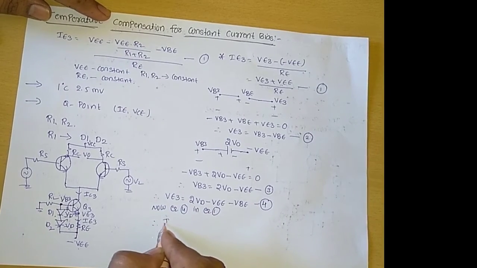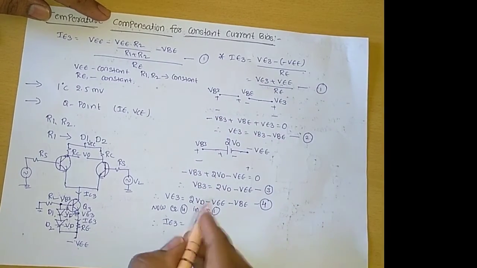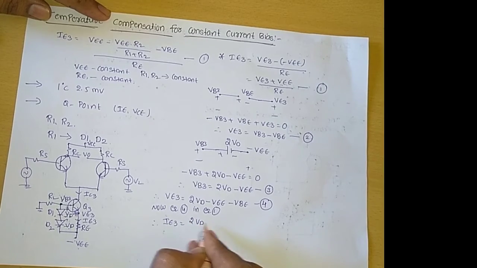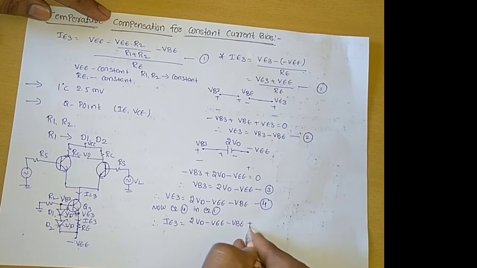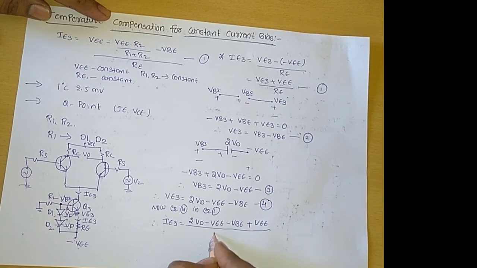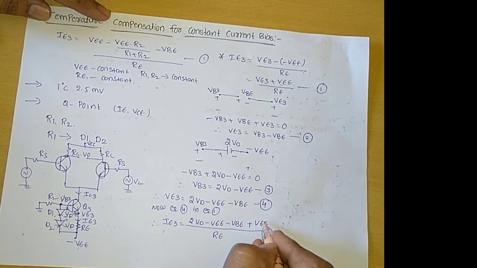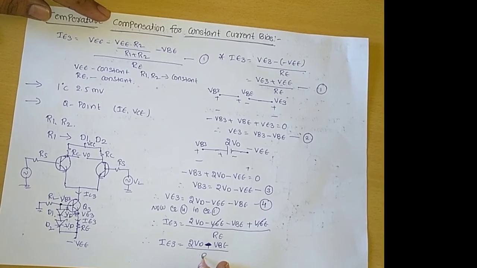Therefore, the emitter terminal current IE3 equals VE3, which is 2 into VD minus VEE minus VBE, plus VEE, whole by this resistance RE. Here plus VEE and minus VEE cancel. Therefore, this emitter terminal current IE3 equals 2 into VD minus VBE whole by RE.